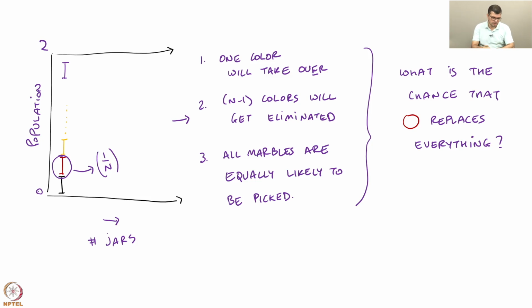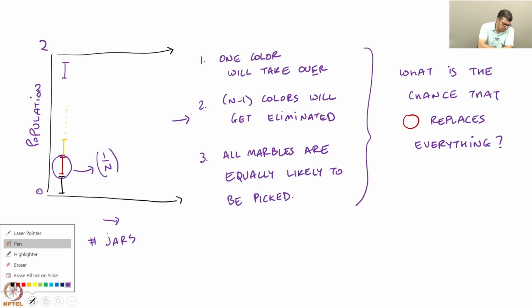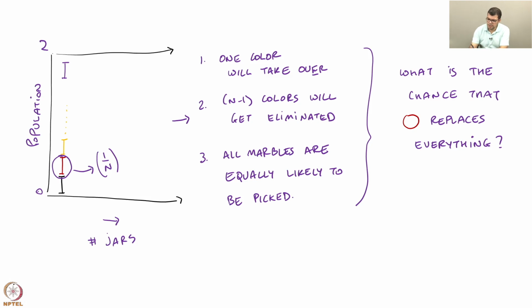Now, the question here is which color will win, and we are asking the probability, what is the chance that red marbles will take over the entire population. So, if there are n colors, if you think intuitively, each is equally likely to win, so n colors at start, and at the start I have no idea what's going to happen in the subsequent jars.